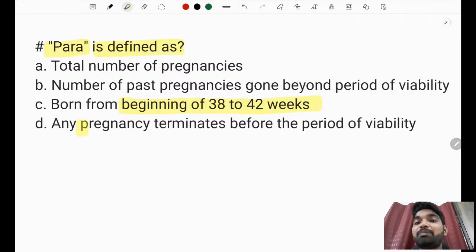And D, any pregnancy that gets terminated before period of viability. Which one is correct? Option B. Number of past pregnancies gone beyond the period of viability, that is 20 weeks, is called parity.